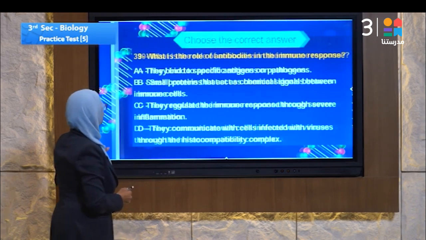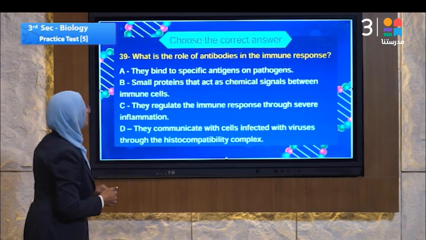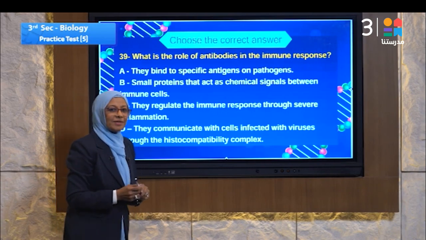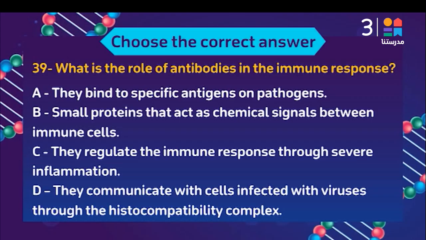Let's go to question number 39. Question number 39 speaks about antibodies and immunity. Let's read the question. What is the role of antibodies in the immune response? A, they bind to specific antigens on pathogens. B, small proteins that act as chemical signals between immune cells.